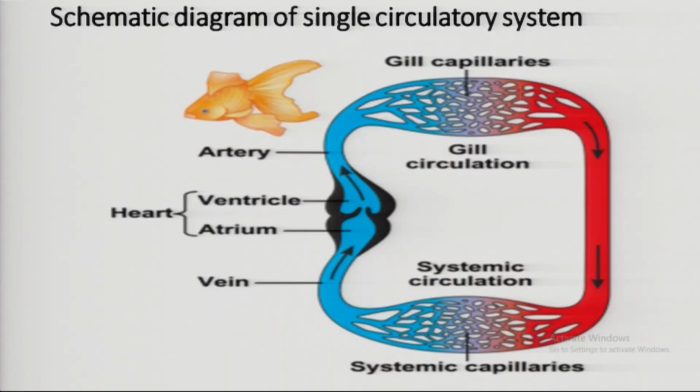How? This diagram shows the single circulatory system, where the blood is going to be pumped by the heart and then pass to the gills. This is in the fish. From the gills, instead of coming here into the heart, it goes directly to the parts of the body.